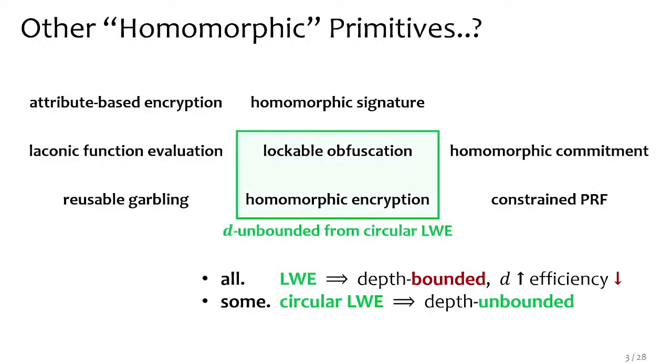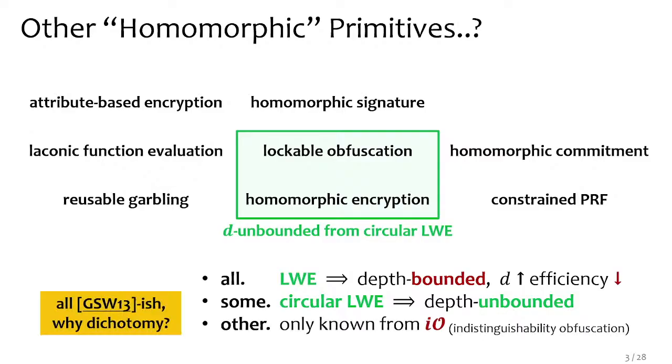And for some of them, namely lockable obfuscation and homomorphic encryption, we can build it from circular LWE. And the scheme will be depth unbounded, and the efficiency will not degrade as the depths go up. However, for the other schemes, we did not know any method of getting unbounded depth except from obfuscation.